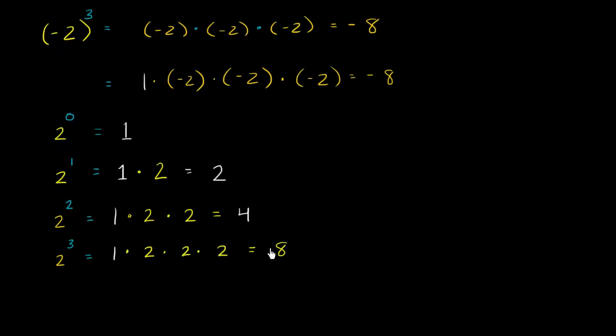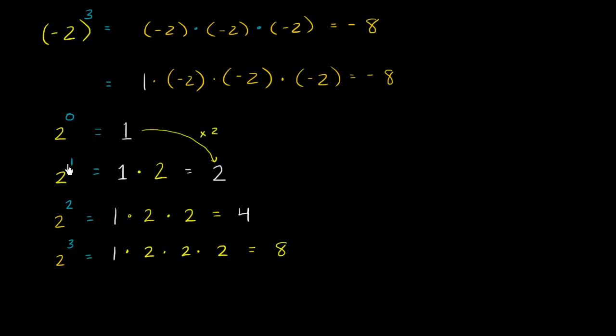And you probably see a pattern here. Every time we raise 2 to one more power, we are multiplying by 2. Notice this. To go from 2 to the 0 to 2 to the 1, we multiplied by 2. I'll use a little x for the multiplication symbol now, the little cross.